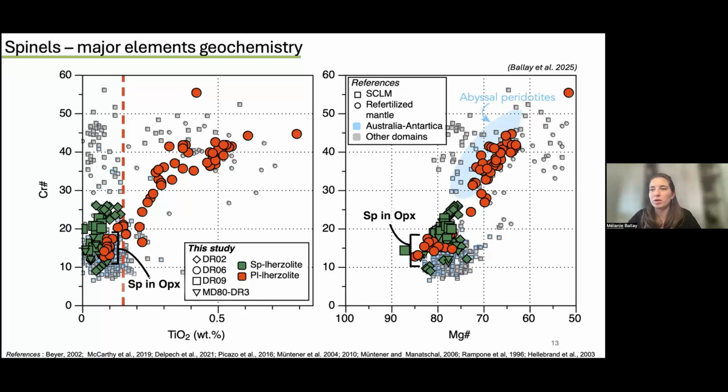So we also call this the missing link between the spinel domain and the plagioclase domain, as you had spinel lherzolite which goes into the plagioclase domain and had in the first stage the same geochemistry.